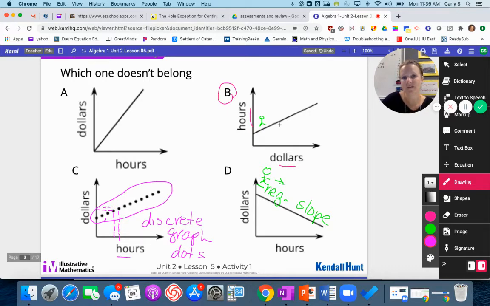Where this one, as another example, I can do infinitely many hours, dollars an hour combinations, but this one is only the particular dot, nothing in between. This one starts from 0, 0, which is cool. These look like the exact same graphs, but this one is a line and this one is discrete, or dots.